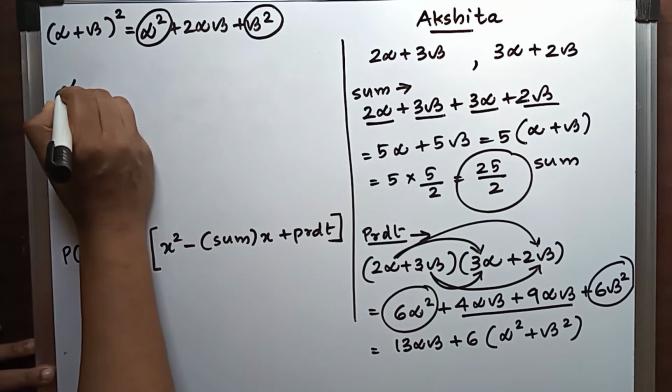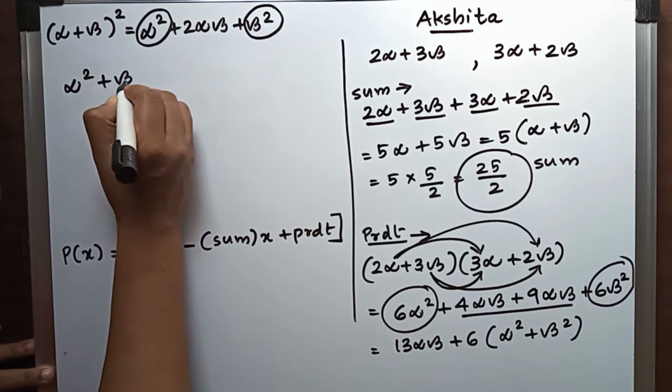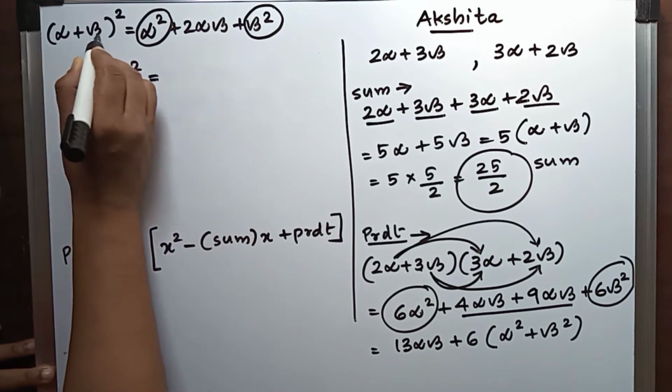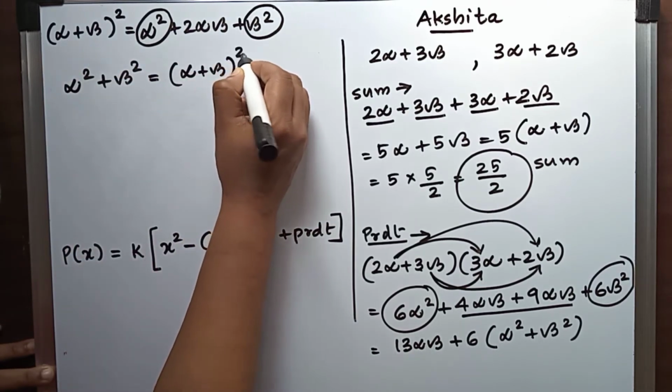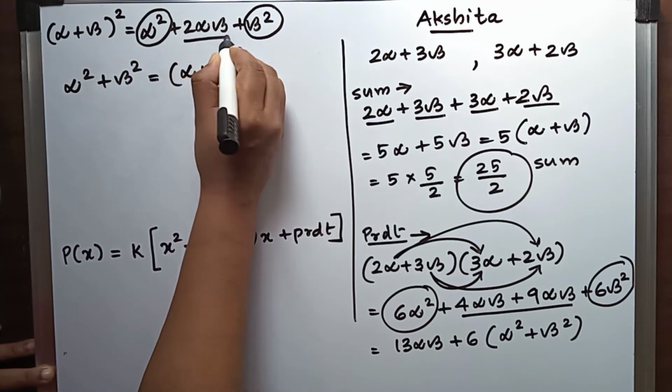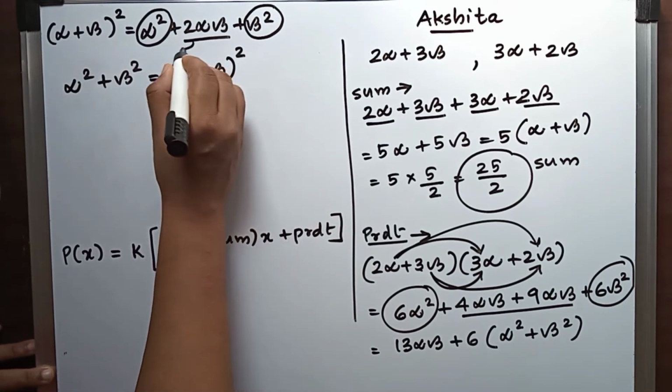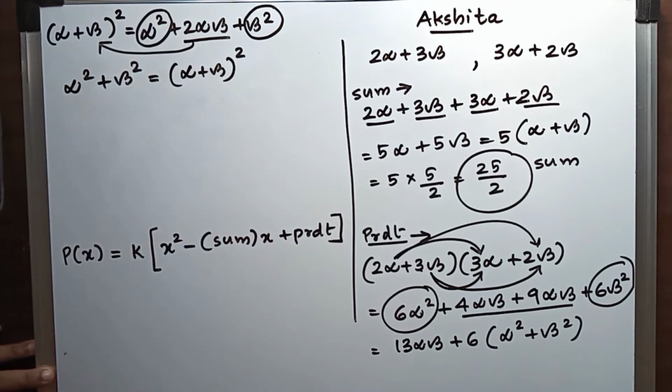Okay, so alpha square plus beta square is alpha plus beta the whole square, and this plus 2 alpha beta is taken to the other side of the equal to symbol, right?